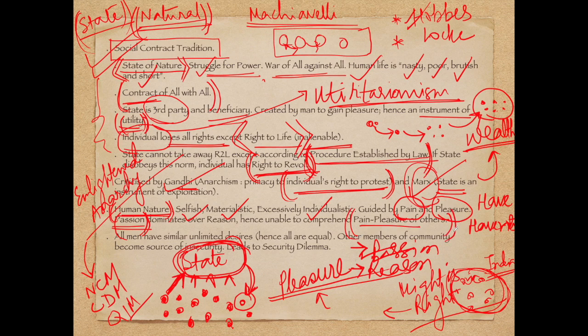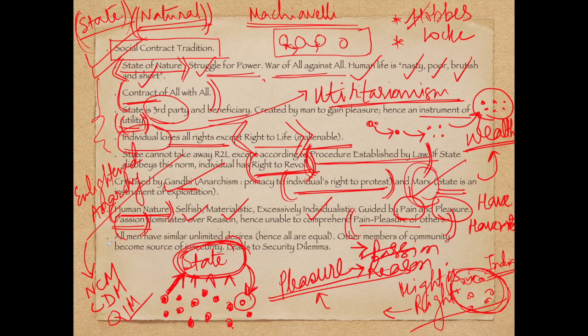For himself, he will want all the best things because he wants all the pleasure, but he will not appreciate the fact that the guy living beside him is also in search of pleasure. Because of his excessive individualism and the dominance of passion, he will not consider the pain pleasure theory for others.